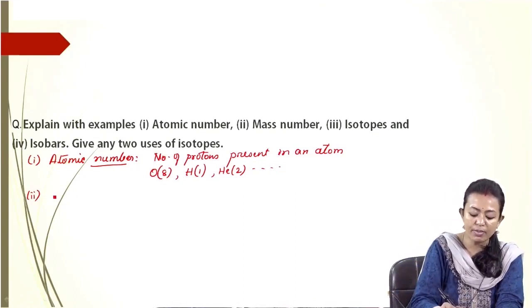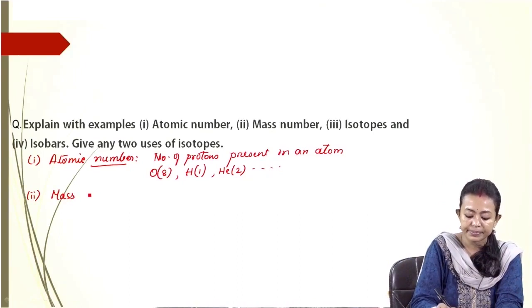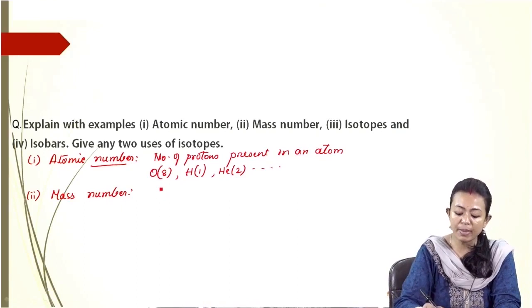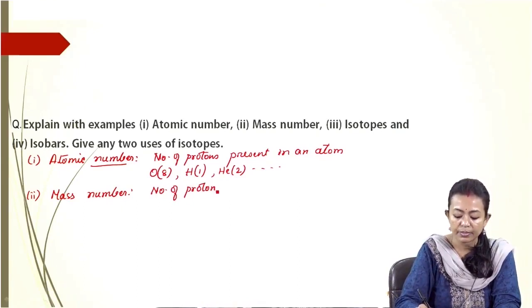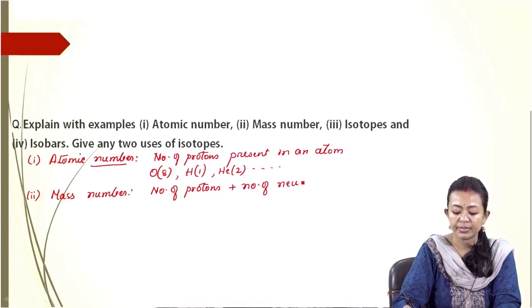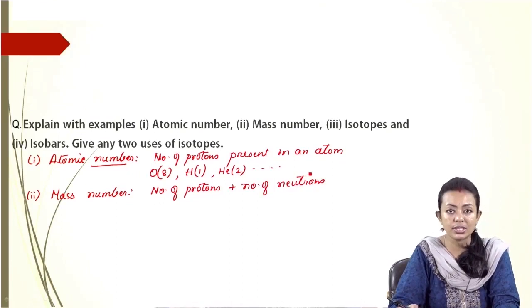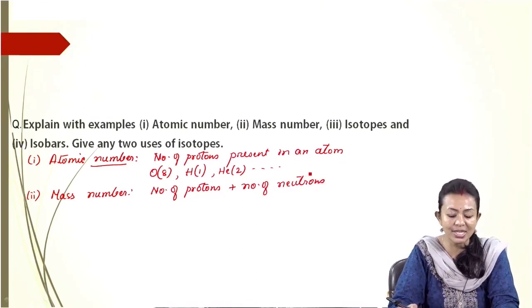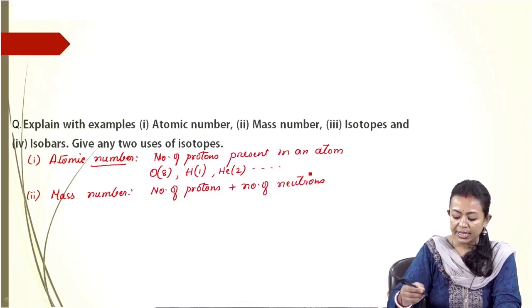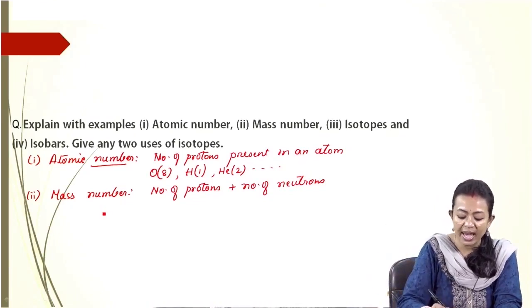Whereas when it comes to mass number, in case of mass number, it is the number of protons plus the number of neutrons. That is the nucleons, the number of protons and neutrons that are present in the nucleus. Clear? So in this case, we can have oxygen.